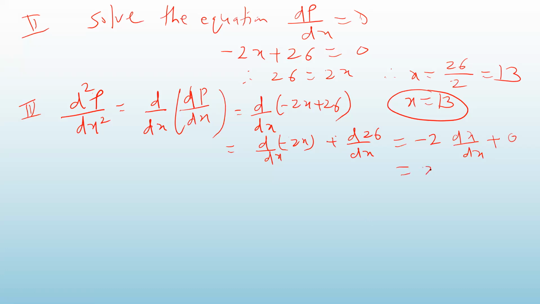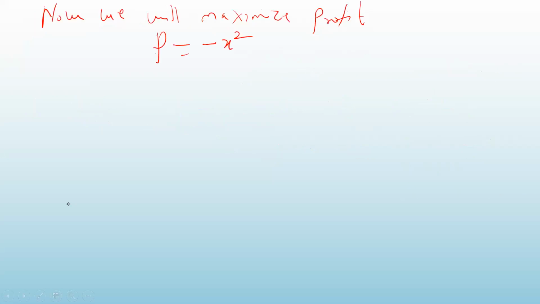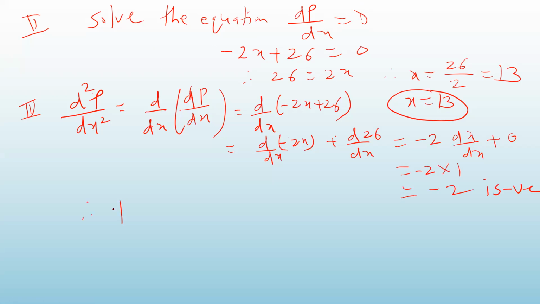So you will get minus 2, since derivative of x is 1. So look here, the second order derivative is negative. What happens when the second order derivative is negative? Therefore, P has a maximum.